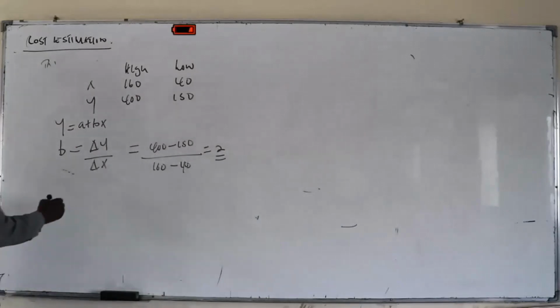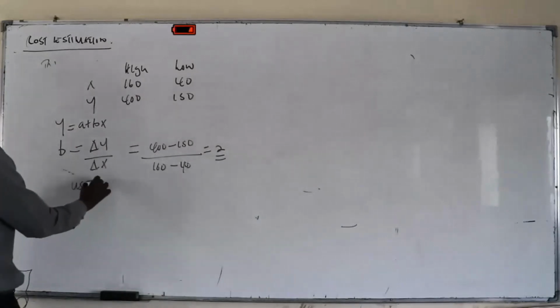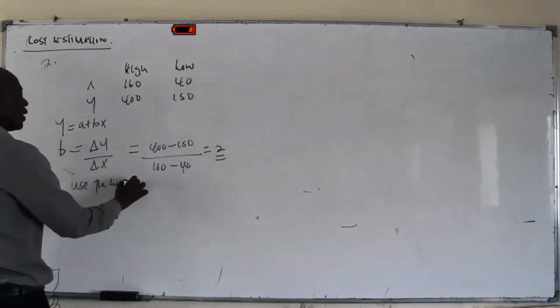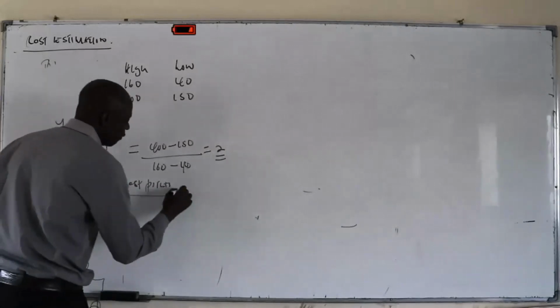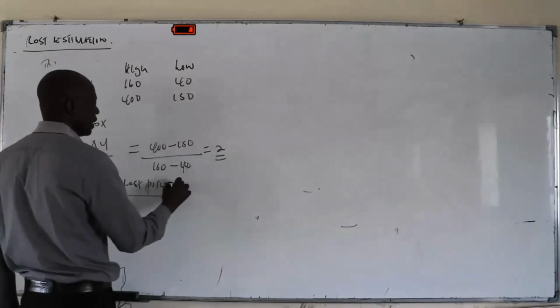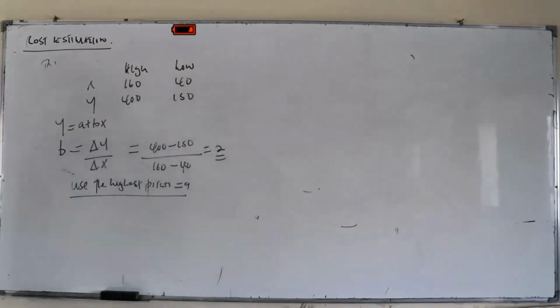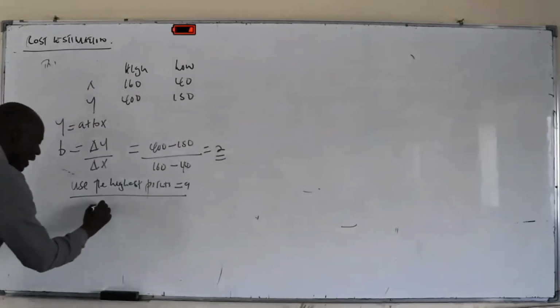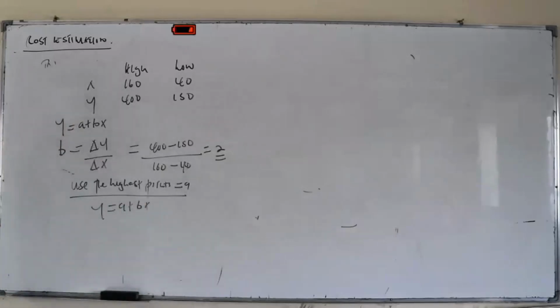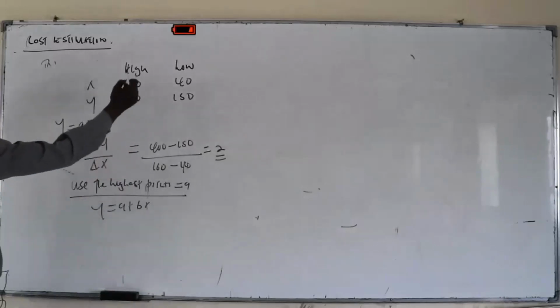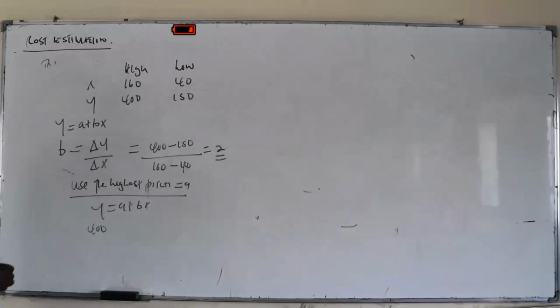Then use the highest point to obtain a. Remember y equals a plus bx. So you take the highest y, which is 400.